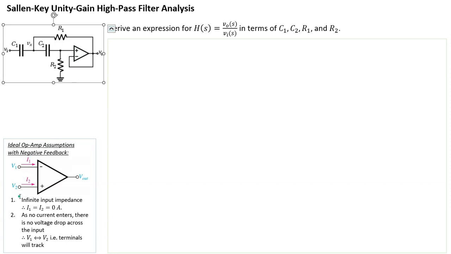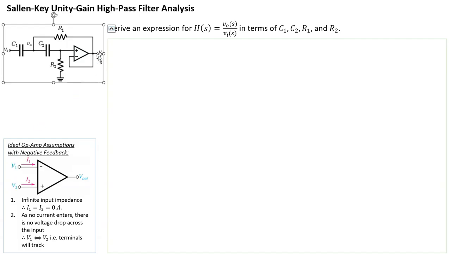Number one, the input impedance to the op amp can be considered infinite, which means there'll be no current flowing into the op amp. So I1 and I2 would be 0 amps. And because there is no current flowing through it, there's also no voltage drop, which means that V1 and V2 will track each other and have the same voltage.